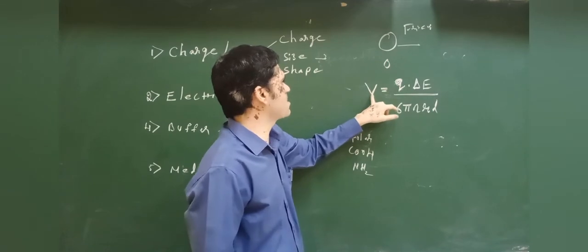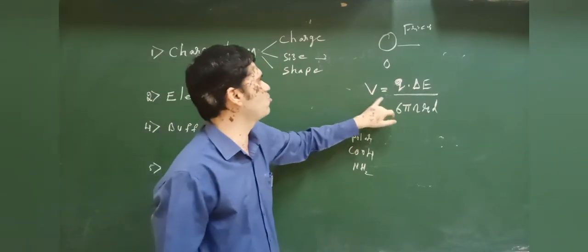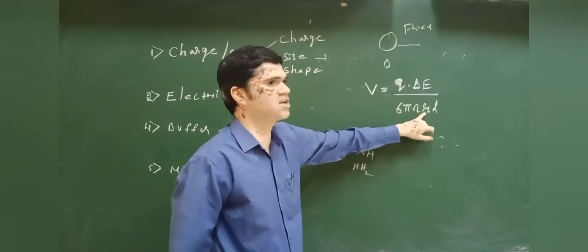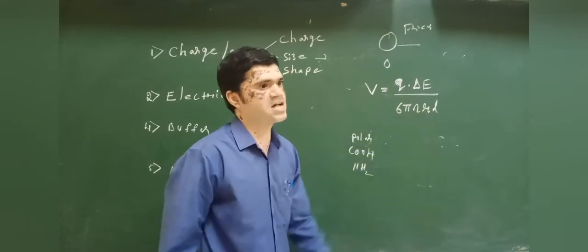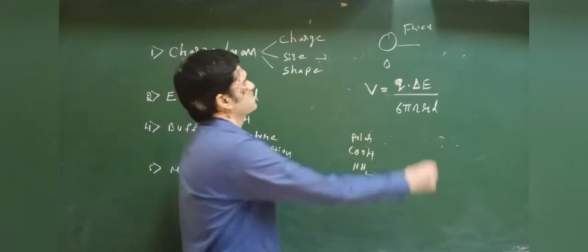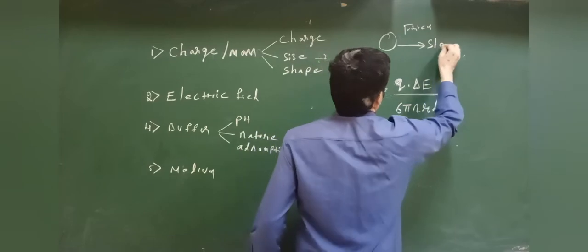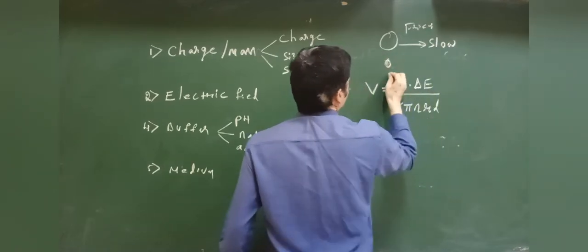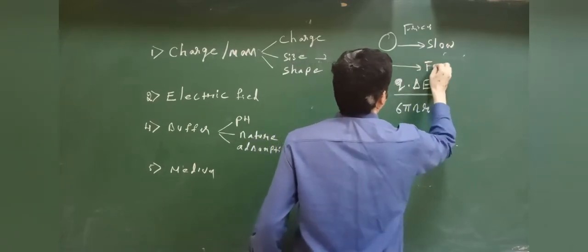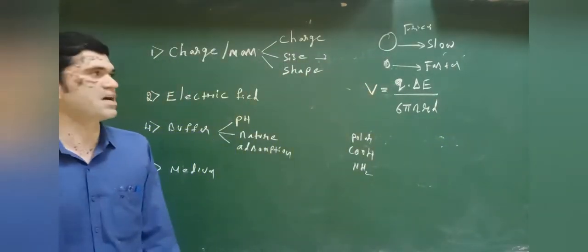As the molecule becomes larger and larger, the electrophoretic mobility is going to slow down, whereas smaller molecules tend to move faster because friction will be lesser.